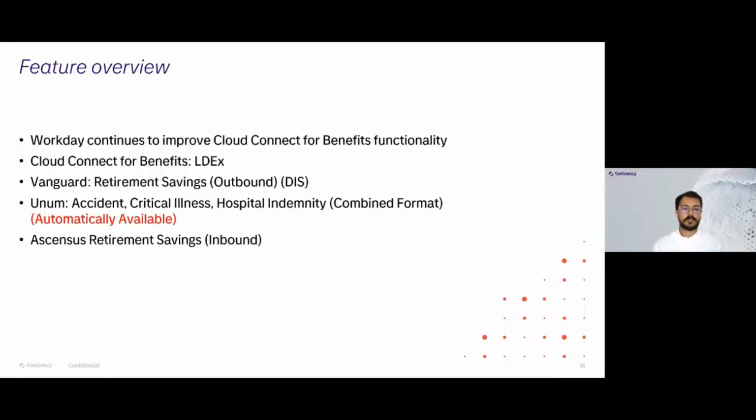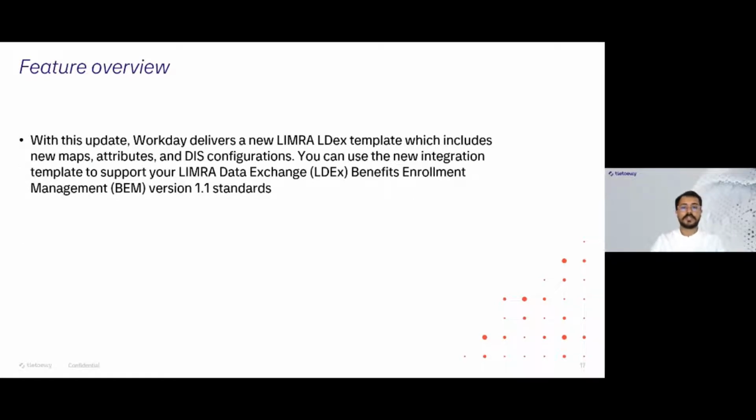This is a new template which has been given by Workday in this release. I will show you the details first. In this template, there are new mappings, new attributes, and new DIS configuration. We can use this template to support our LIMRA data exchange, benefits enrollment management.